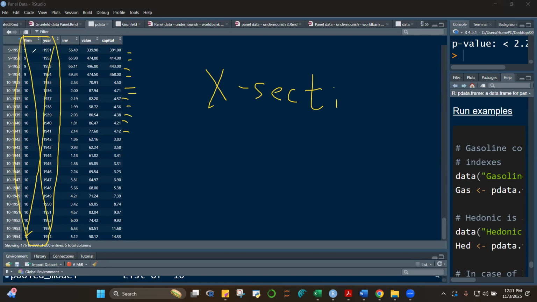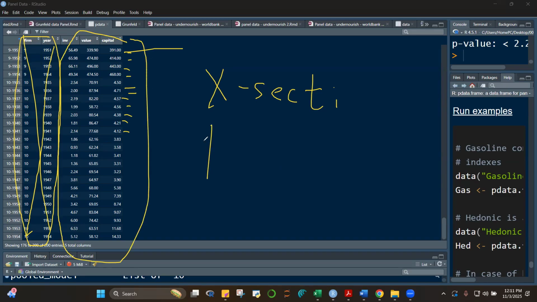In other words, it will not treat this observation as Unit 1, 1930, 1951, for example. It will ignore that, class. So it will just be like cross-sectional data.